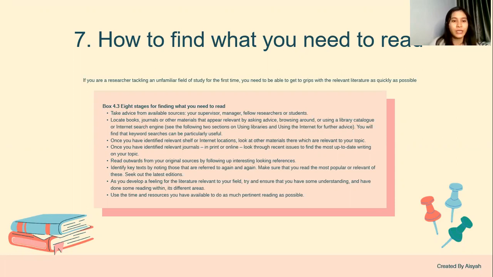Box 4.3 Eight stages for finding what you need to read. Take advice from available sources. Locate books. Once you have identified the relevant shelf or internet location, once you have identified a relevant journal, read outward from your original source by following up interesting looking references.